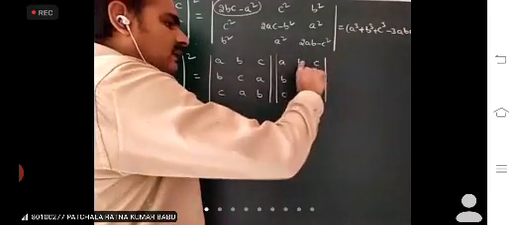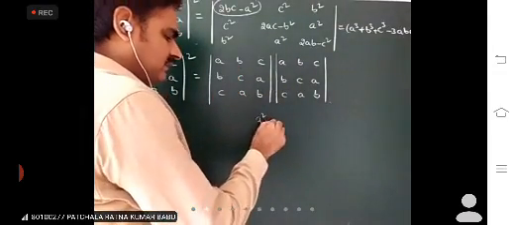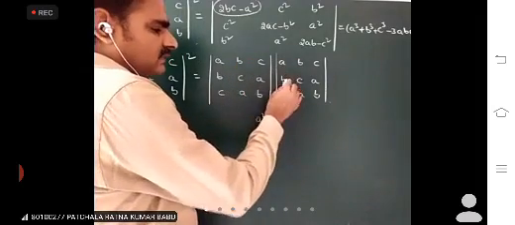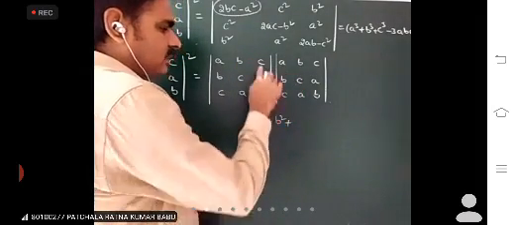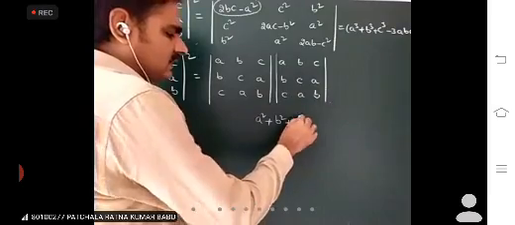That means multiplying the first row with the first column, first row with the second column, first row with the third column. Multiplying the first element with the first element we get A square, the second with the second we get B square, the third with the third we get C square. Here we got the first element as A square plus B square plus C square.